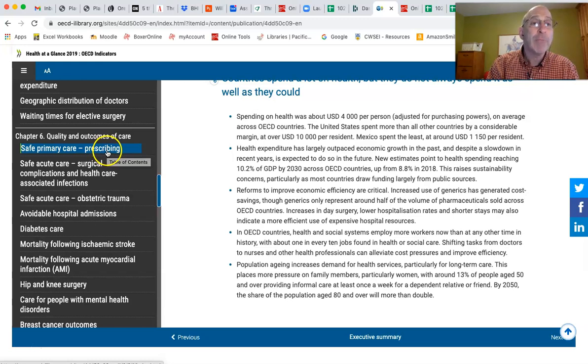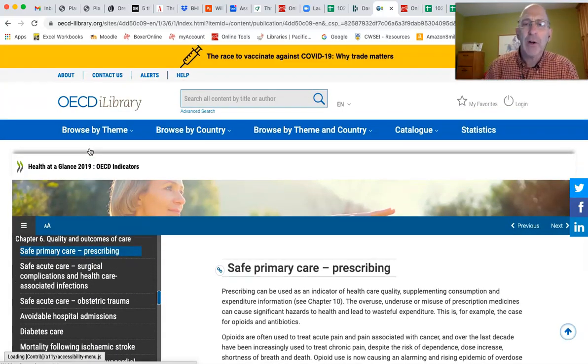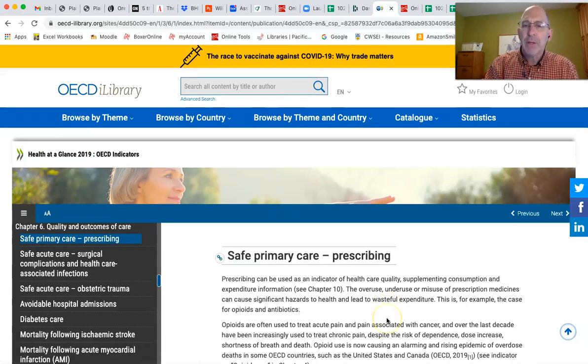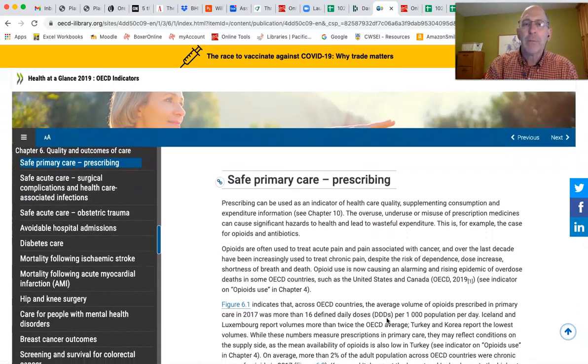Safe primary care prescribing. I think just in terms of safe care, just access to care might be a good measure.